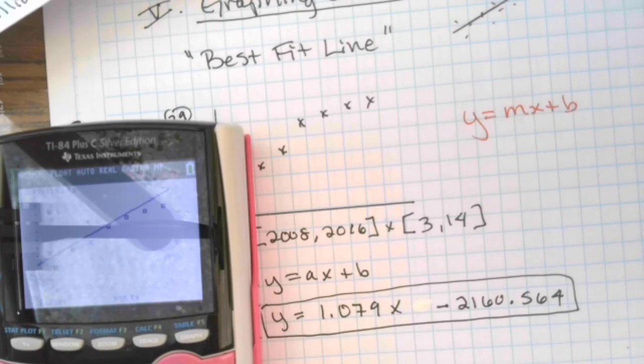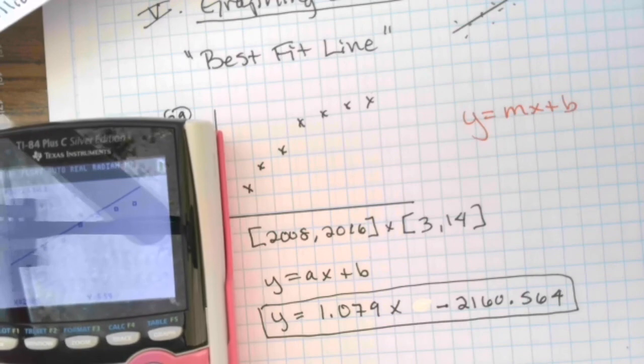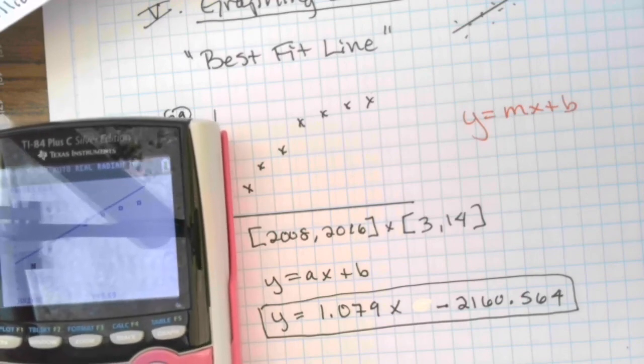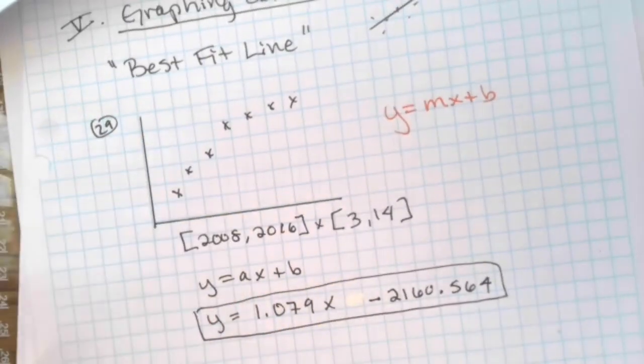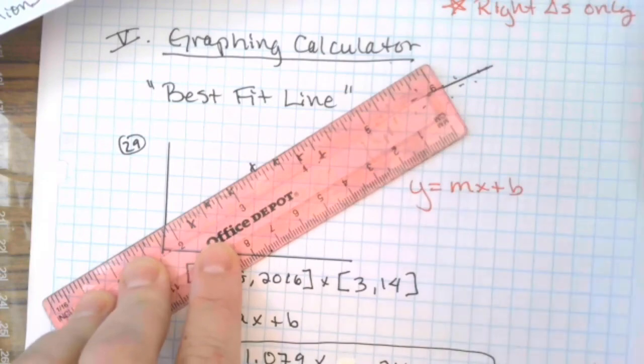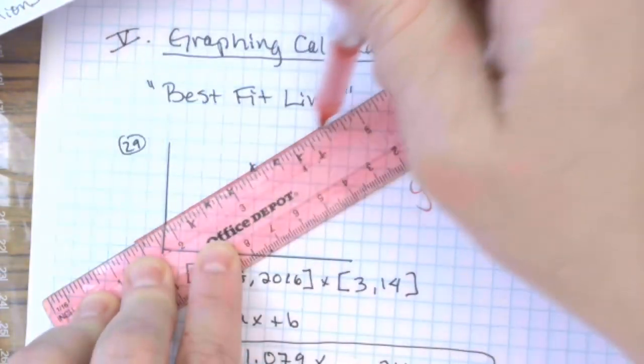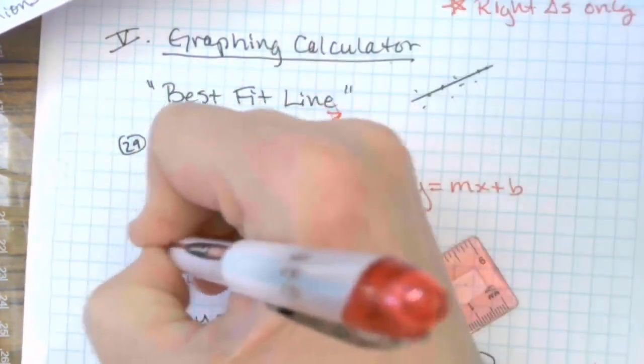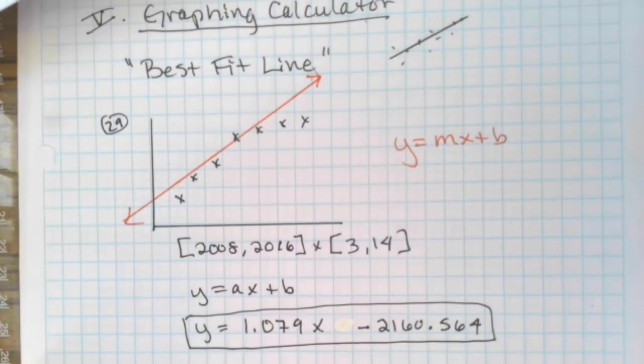This line's going through the data. We're trying to fit a linear curve to data that isn't linear, so it's not that great, but it is there. So our linear curve ended up being about like that. That would be a graph of the best fit line.